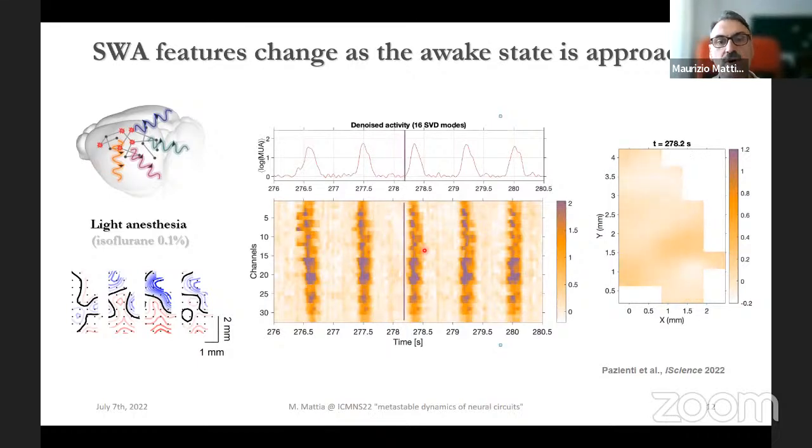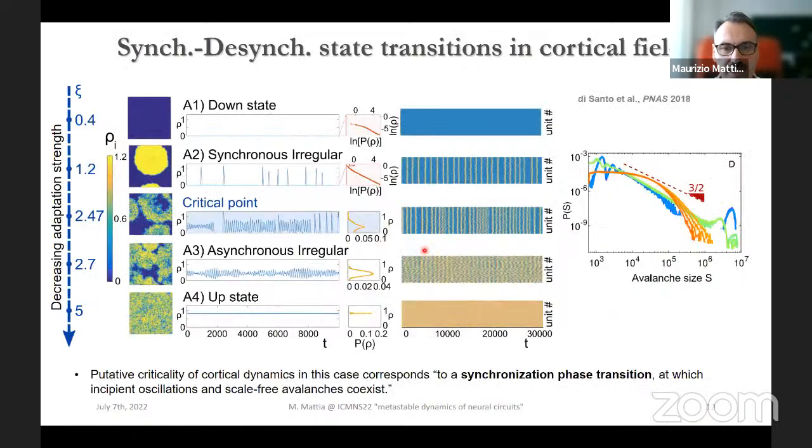This means that when you move towards the border that separates slow oscillations, slow wave activity, and the awake-like state, you start to have spontaneous activity which is richer. And this richness is described again, resorting to mean field theories, as a synchronized phase transition, in which again the critical parameter is the adaptation.